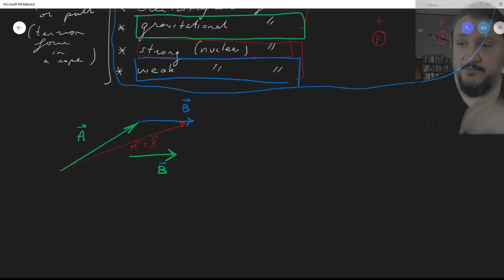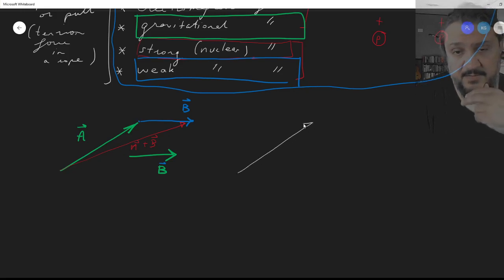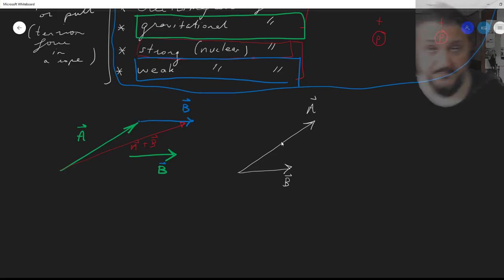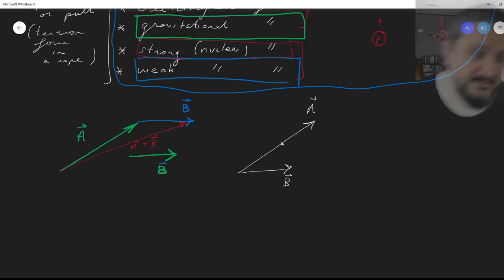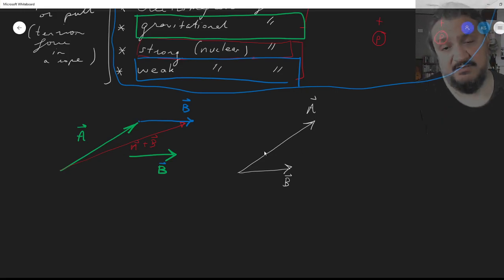There's another way of showing this in a graphical manner. Instead of moving B here, you can move B right here. An alternative method, and this makes a lot of sense if you think about the component method, which is also in the video in part 2. Now we have this alignment where both vectors originate at the same point.